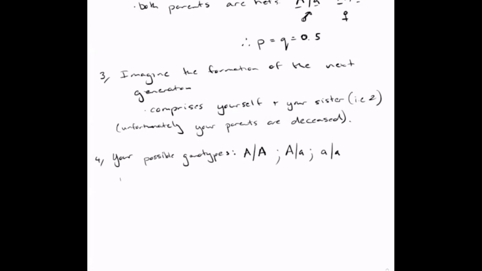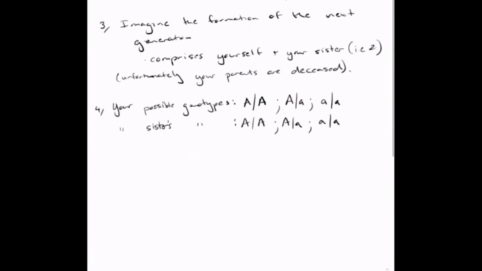And similarly, your sister's possible genotypes could again be big A, big A, big A, little a, or little a, little a, okay? And so we can think about different scenarios depending on the genotypes of you and your sister, given that your parents were heterozygotes, and now you and your sister have been born, your parents are deceased.